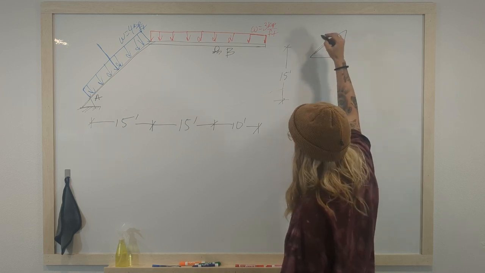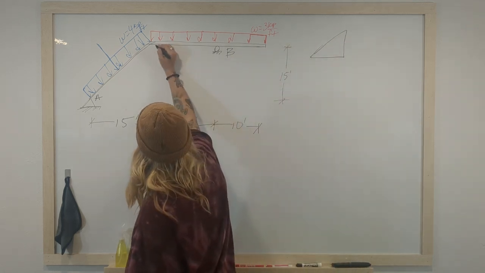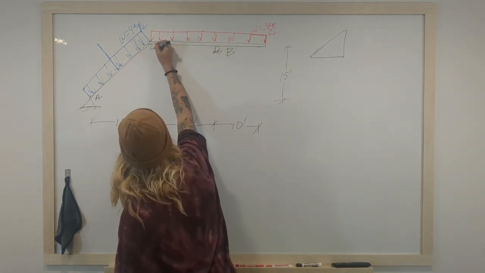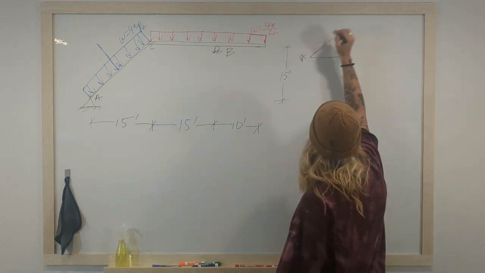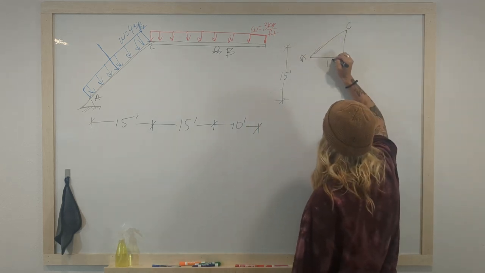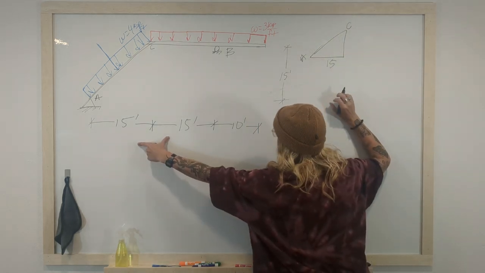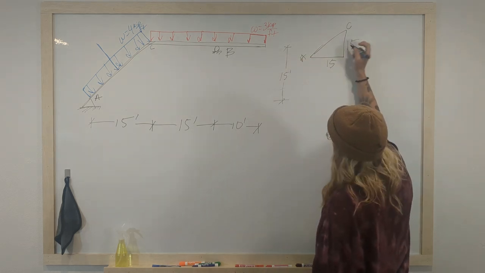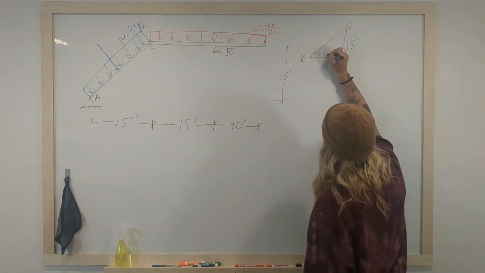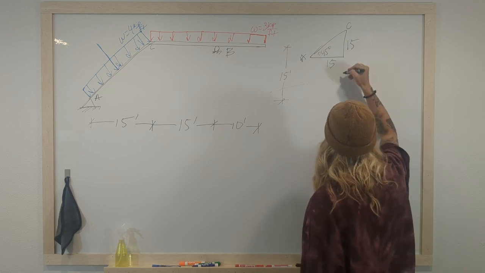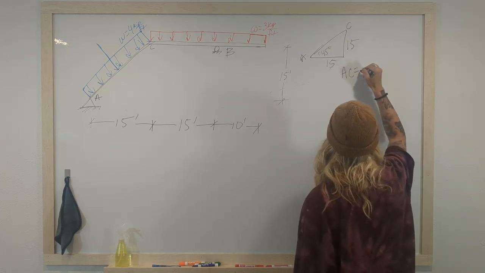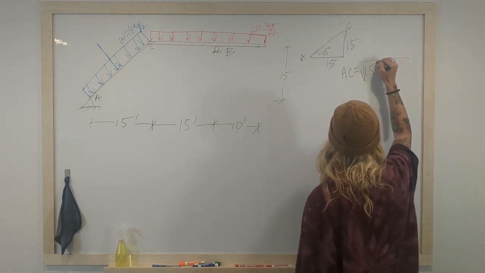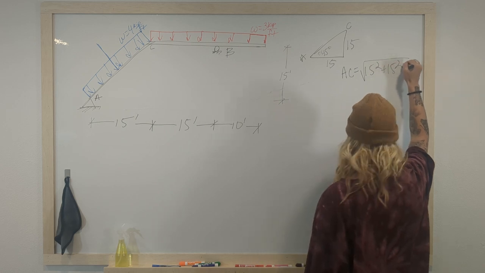Okay, and we can call this point C. Point C. This is A to C. We know that this is 15 feet right here, and then we know that the height is 15 feet, and this is at 45 degrees. So we can say A to C is going to equal the square root of 15 squared plus 15 squared.